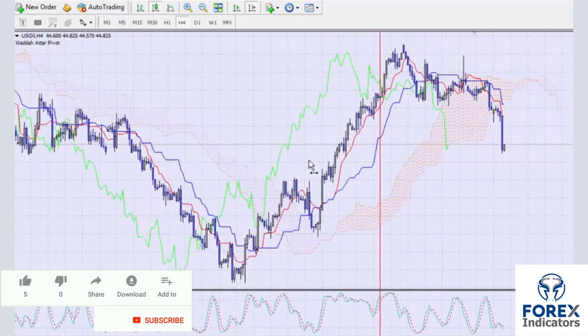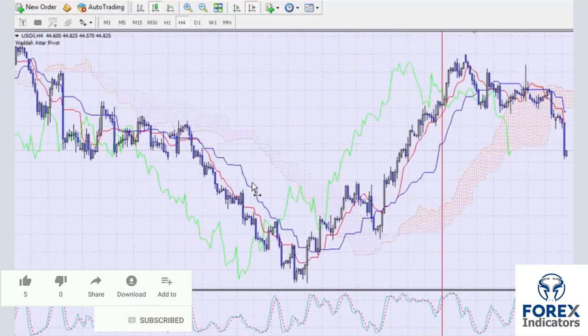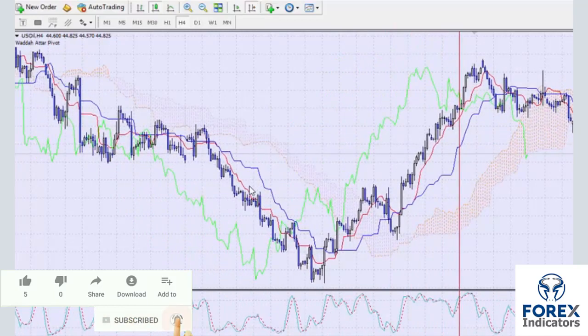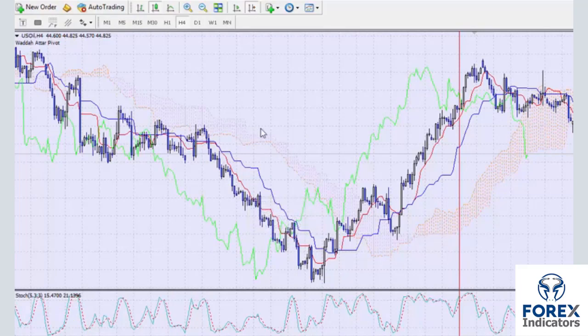So the Ichimoku is a very useful indicator. You can start trading Forex with this indicator. The only problem I have with the Ichimoku indicator is that it's very noisy. It clouds your chart. This big indicator with all these lines tends to clutter your chart. So what you can do is customize the Ichimoku.